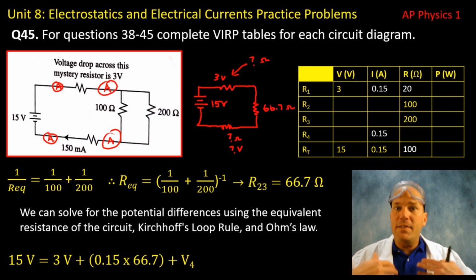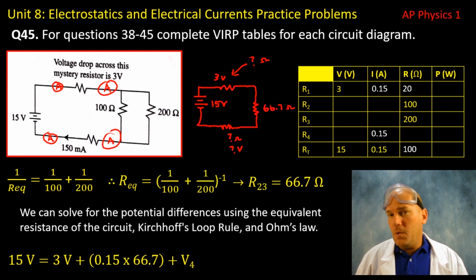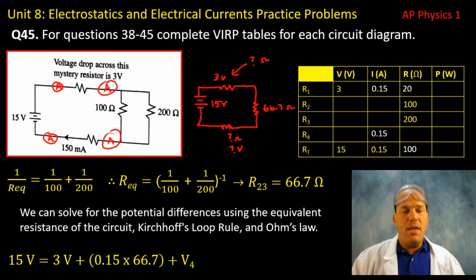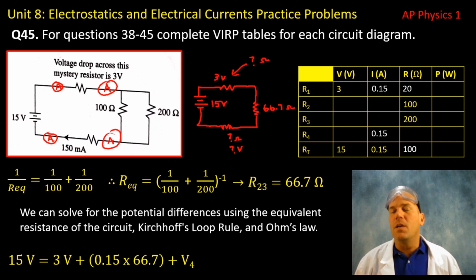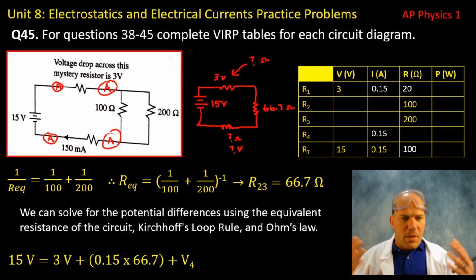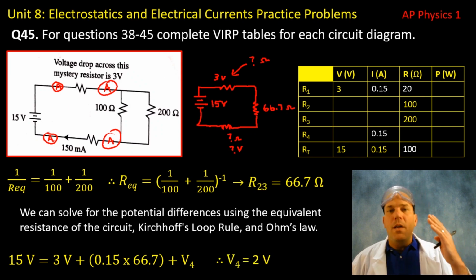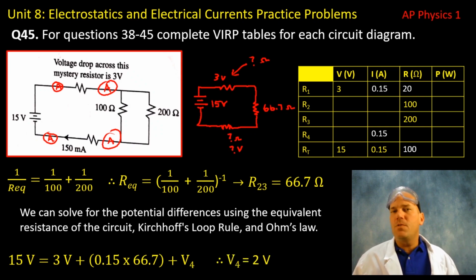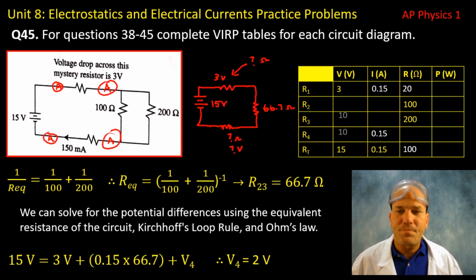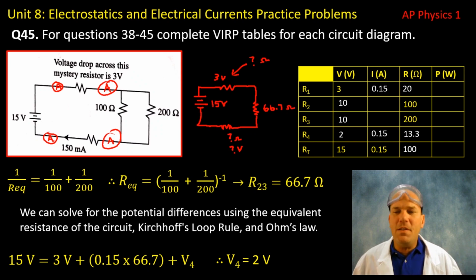That's going to give us the voltage drop across that parallel combination, plus the voltage drop across the 4th resistor. Again, this is nothing more than an application of the conservation of energy, and it's known as Kirchhoff's loop rule. So we know the voltage drop across R4 is 2 volts. So we're able to find all of this information out.